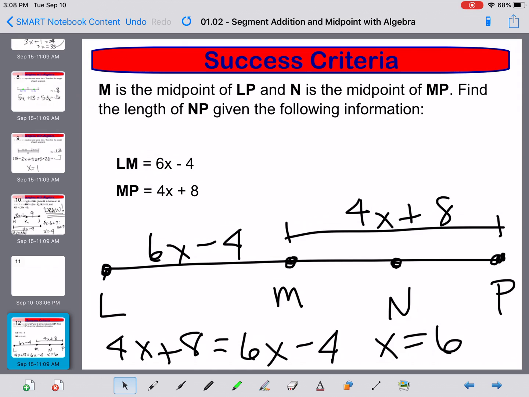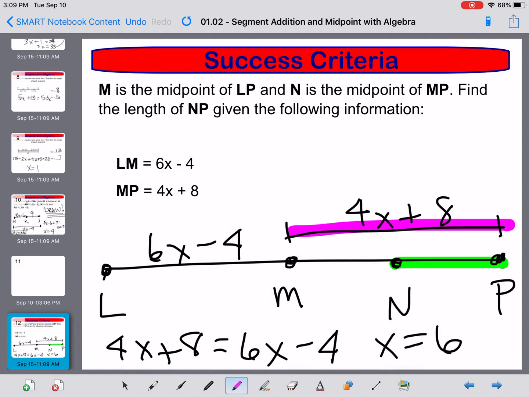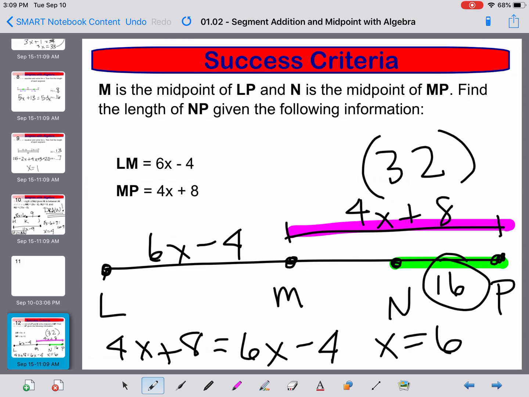Now I want to plug in and find the length of NP. So I want this, which means it's half of that. So if I know x is 6, plug it in. I get this whole piece here is 32, which means at the very end, NP is 16.